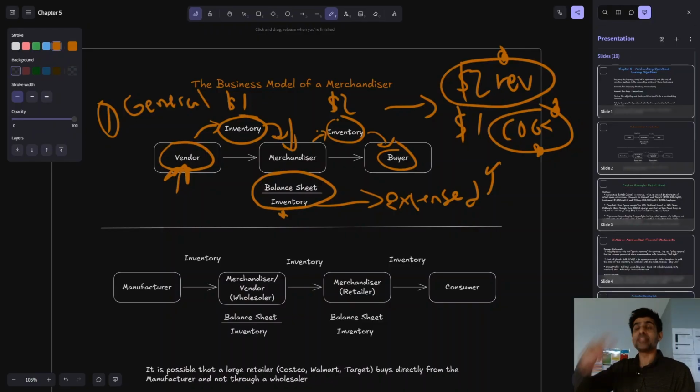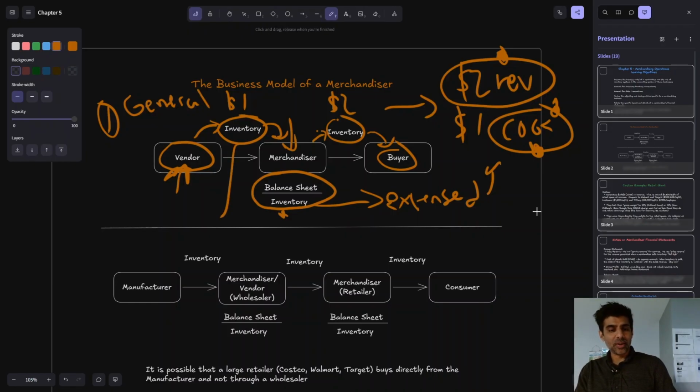Okay, so look, every sales transaction, we're going to get to this. Good question. Every sales transaction is going to have two journal entries. There's going to be one journal entry for the revenue, just to record that, and then another one to move this inventory to cost of goods sold. So there's going to be two separate journal entries for every one sales transaction.